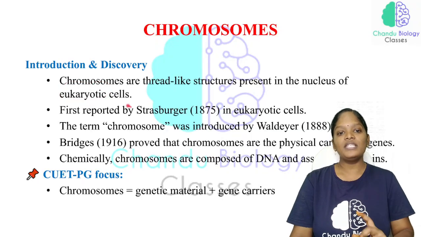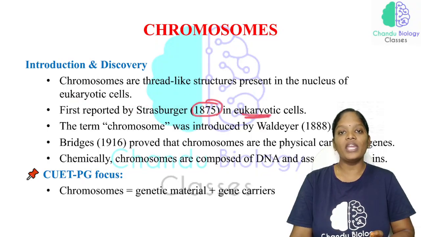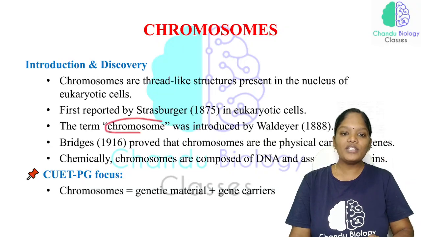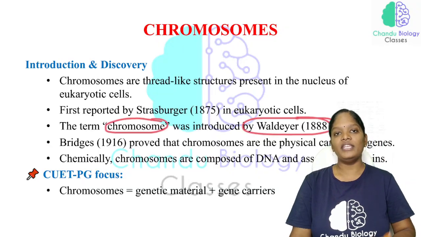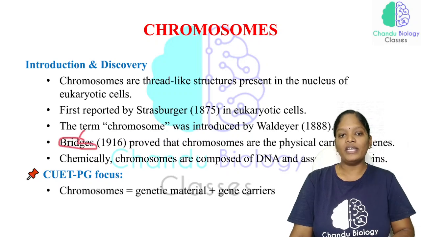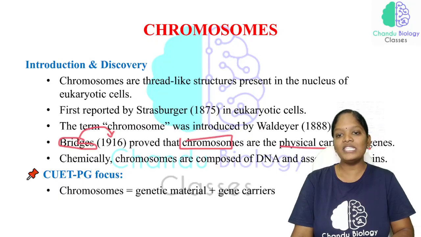It was first reported by Strasburger in 1875 in eukaryotic cells. The word chromosome was introduced by Waldeyer in 1888. Bridges in 1916 proved that chromosomes are the physical carriers of genes.